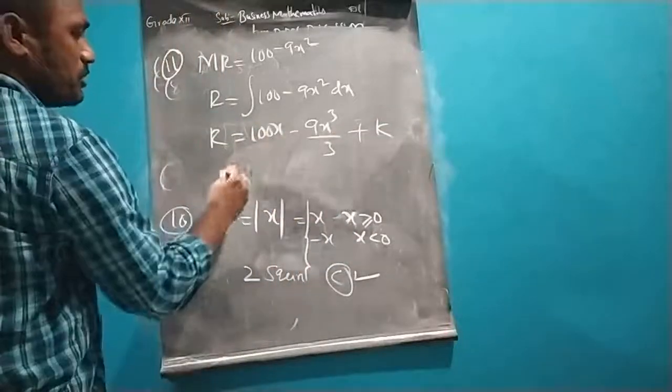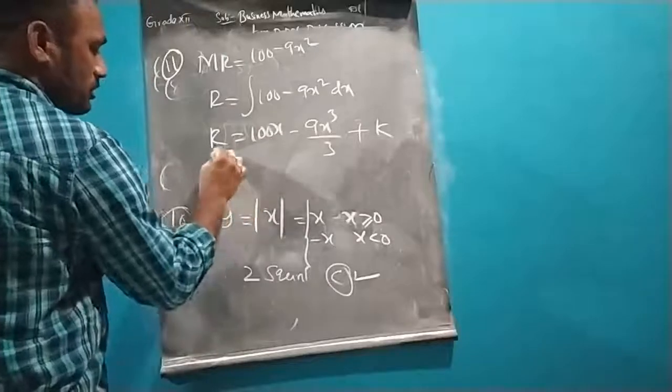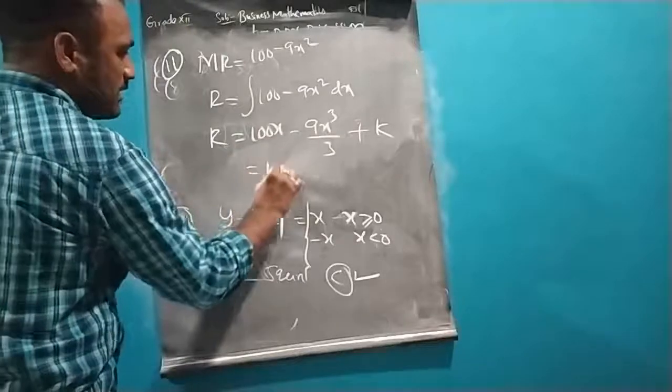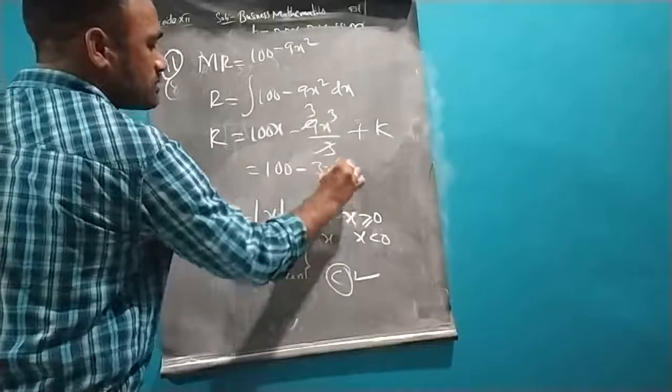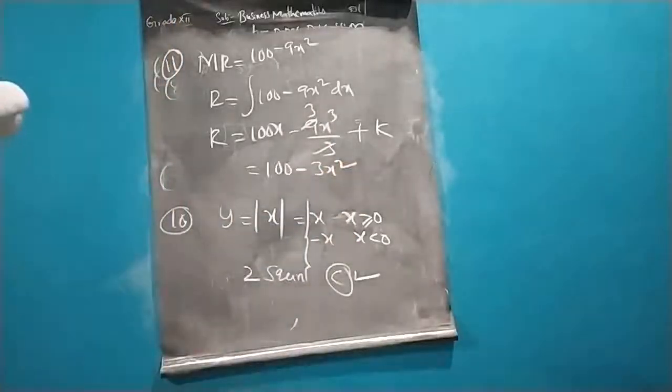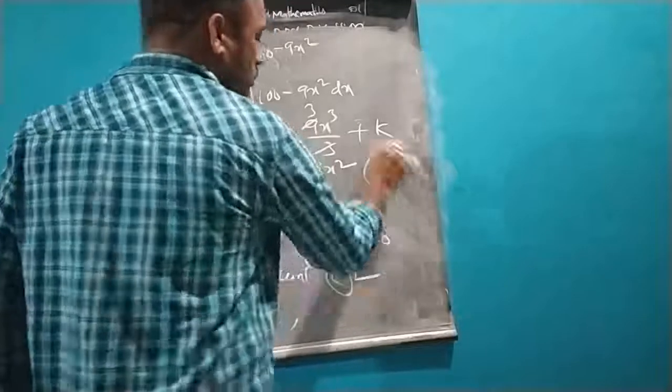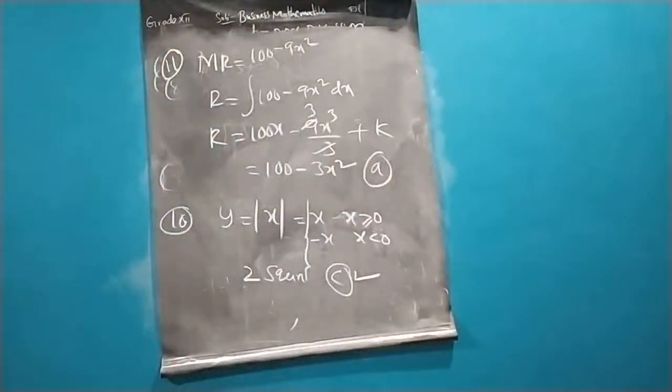The revenue will be 0 at 0, so the k value will be 0. Now we have to divide by x, so 100 minus 3x square. Which option is that? Option A. We already did this question in the exam, so I have done it directly here.